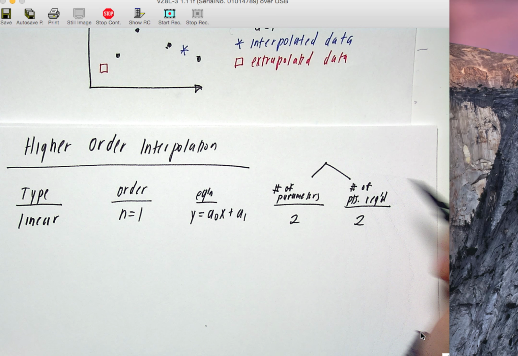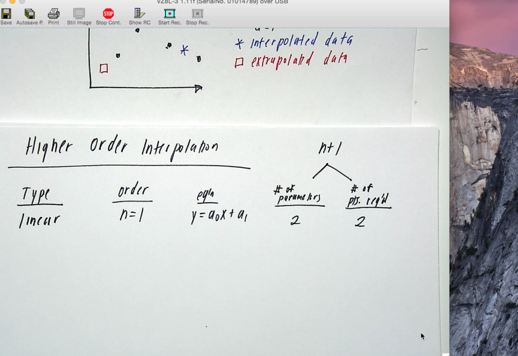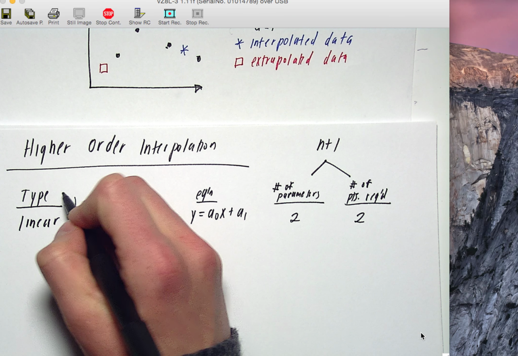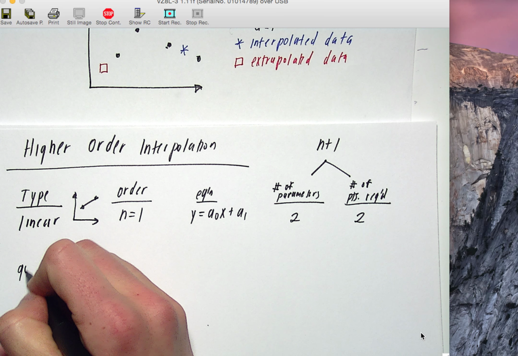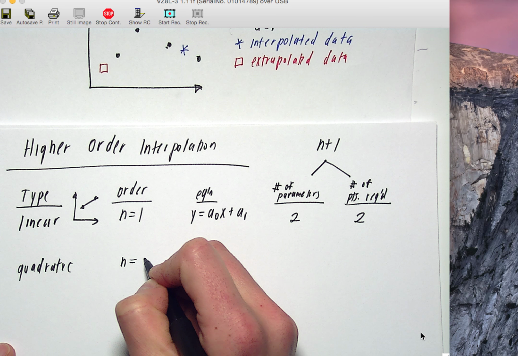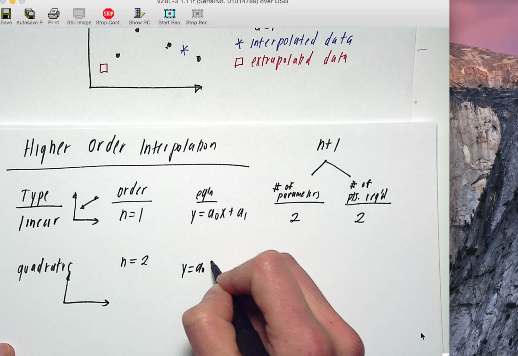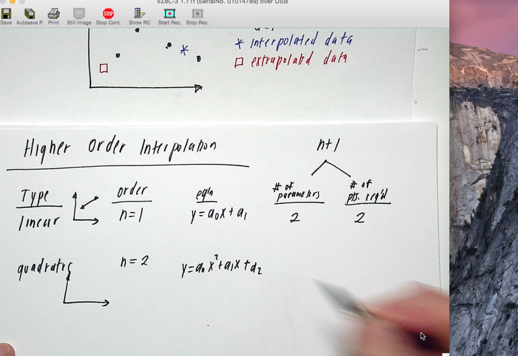You'll notice that this is always going to be 1 plus the order of the polynomial you're trying to fit. So this just looks like 2 points, and you can find any point between them with a straight line between them. If we go up to quadratic, now you have order 2, so you're trying to fit to a quadratic equation.